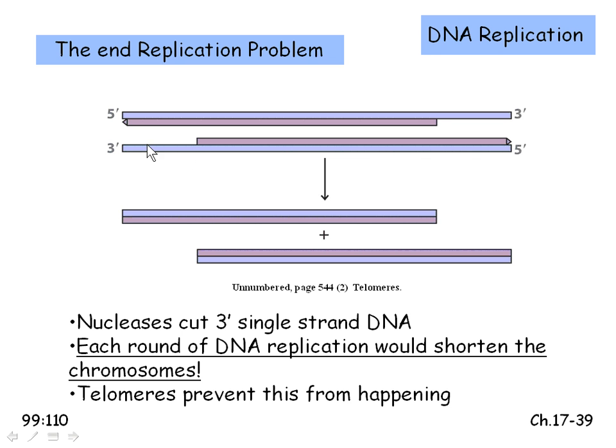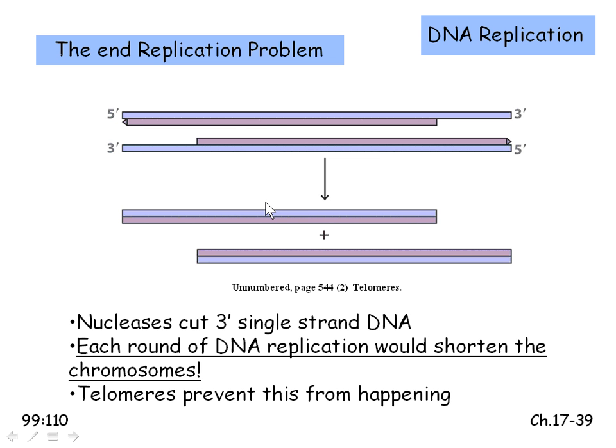So if there are 3' overhangs of single-stranded DNA left at the end of the chromosome, these nucleases come in and cut up those fragments, resulting in slightly shortened chromosomes. Thus, if there's no method of protection, each round of DNA replication would result in shortening the chromosomes.